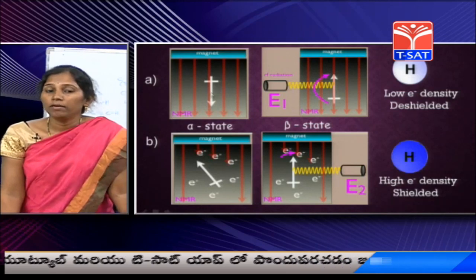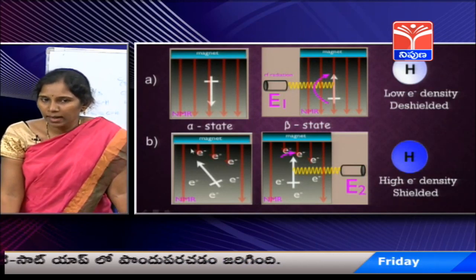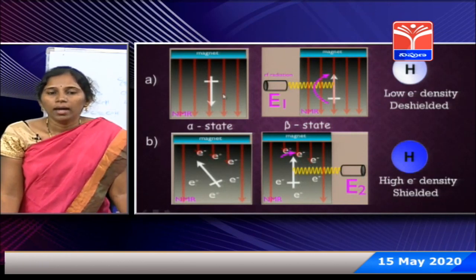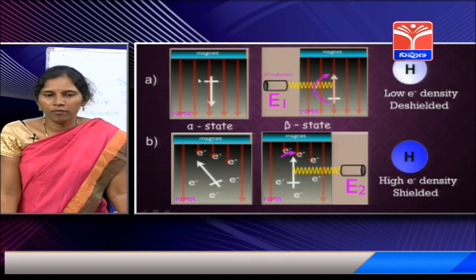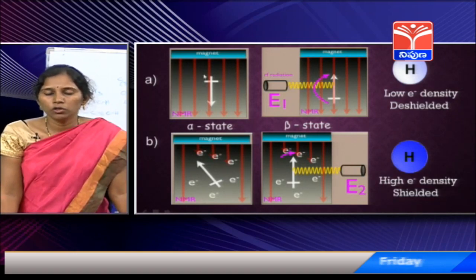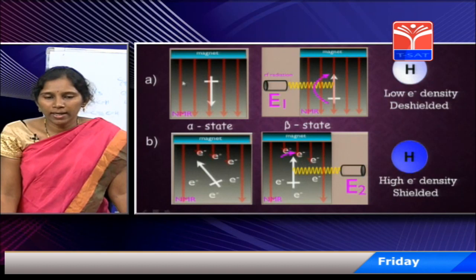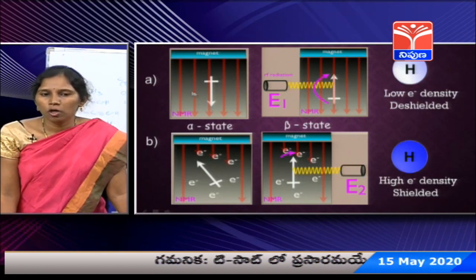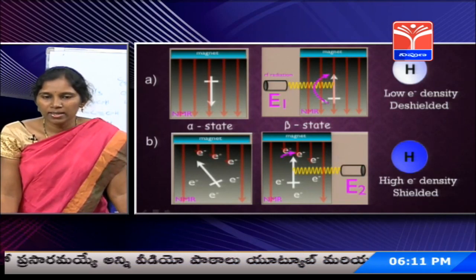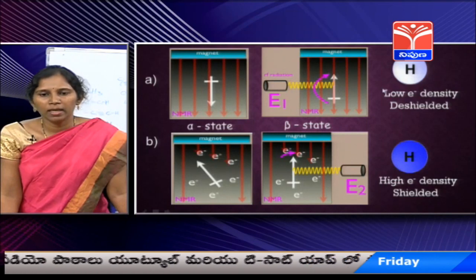If the spin of nuclei is in the same direction, we call the state alpha state. So, it is present in alpha state. In order to get a peak in NMR, what should we do? We have to irradiate this with radio frequency, right? By absorbing the energy from radio frequency, resonance takes place and it goes to beta state, thereby producing a peak.